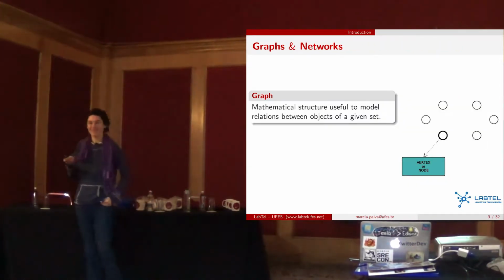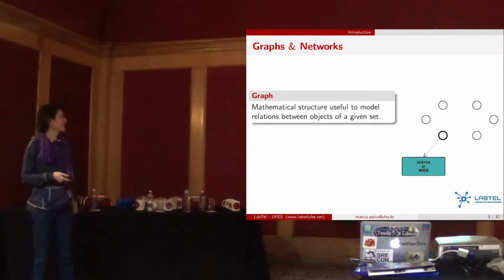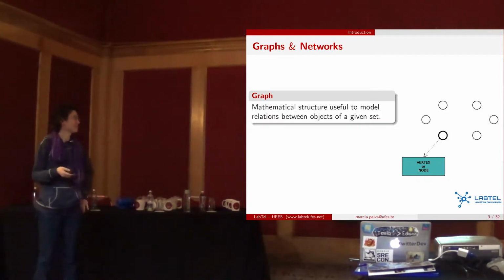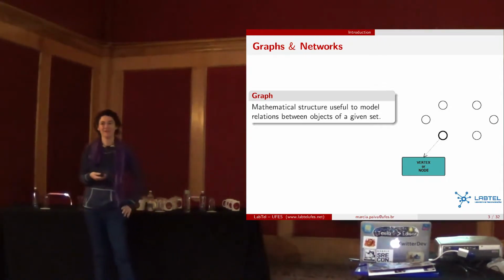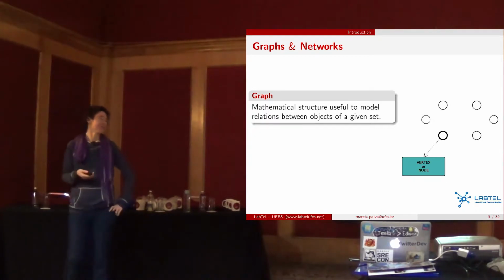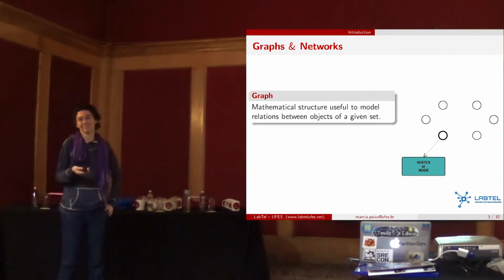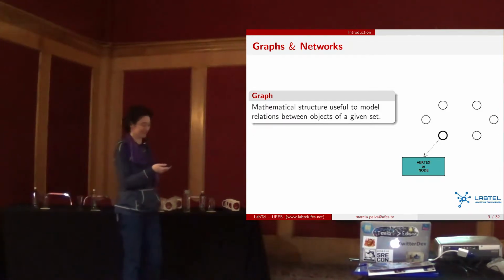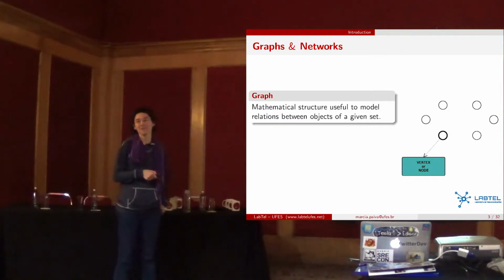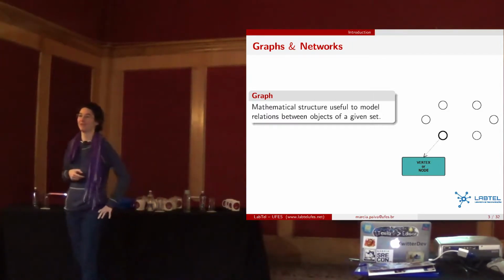So graphs, as you know, are a mathematical structure that is useful to model relationships between objects of a given set. These objects can be anything you want. For us, they will be vertices or nodes in telecommunication networks.